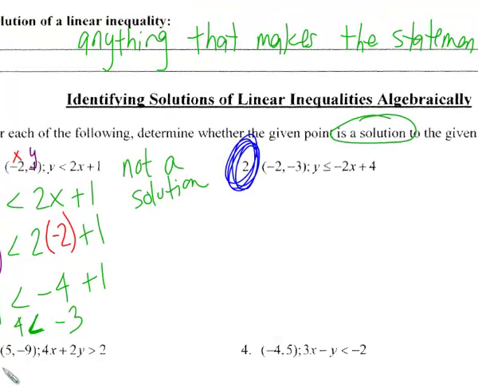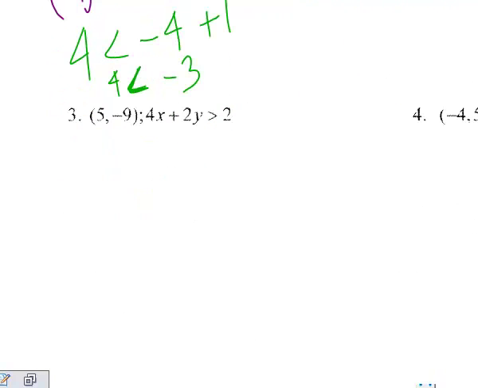We are going to jump down here to number 3, and we are going to do the same thing. Notice that it's not in the normal form that we're used to seeing, but that's okay because all we're doing is plugging in some numbers. We have our x value over here, and we have our y value right here. So I'm going to rewrite my inequality.